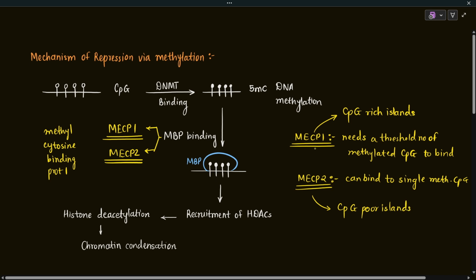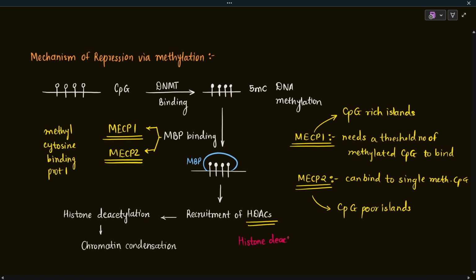Those MBPs, those methyl binding proteins, help in the recruitment of HDACs. So what are HDACs? HDACs are histone deacetylases.